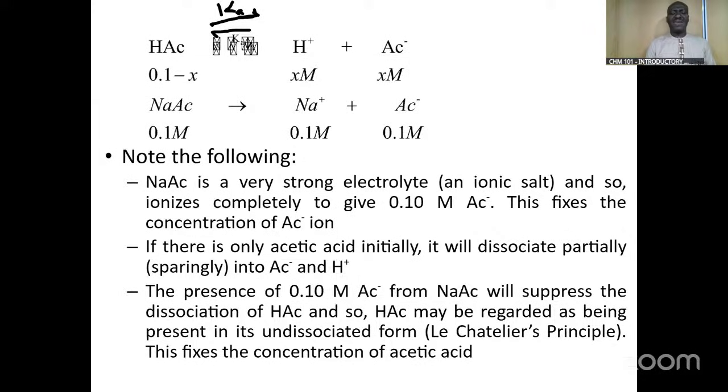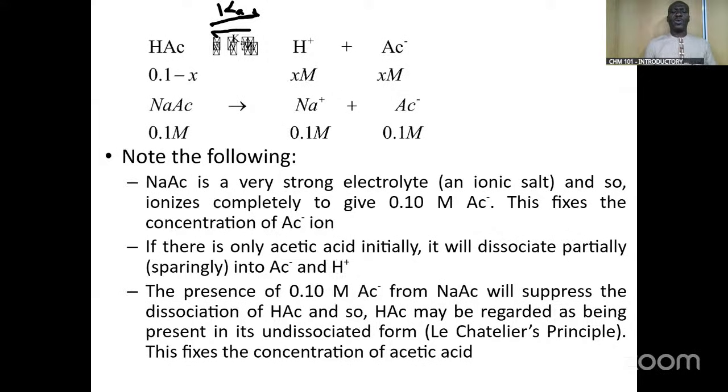Now, if there is only acetic acid initially, we know the acid dissociation constant of acetic acid is 1.8 times 10 to the power of -5. So it's a weak acid by virtue of that value of its dissociation constant. It's an extremely weak acid.